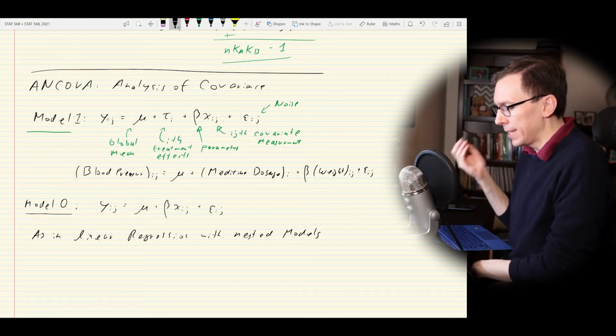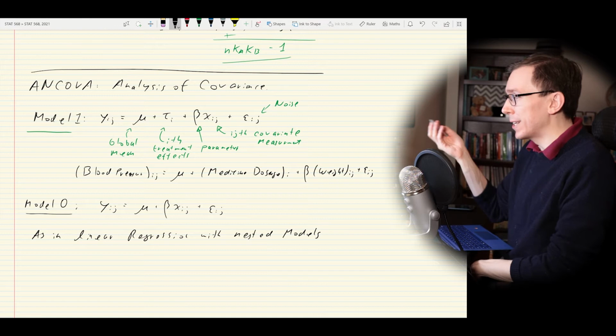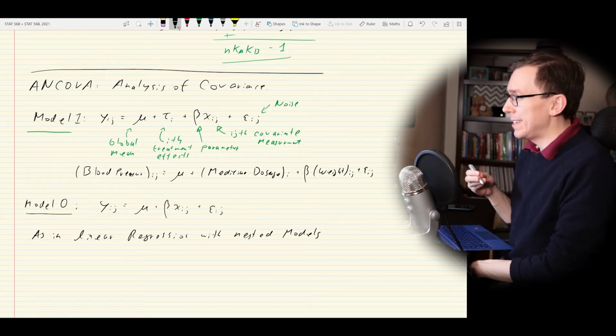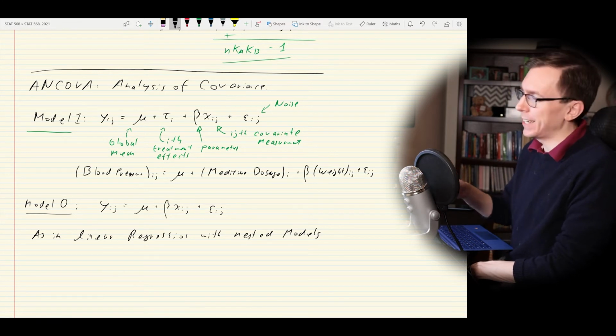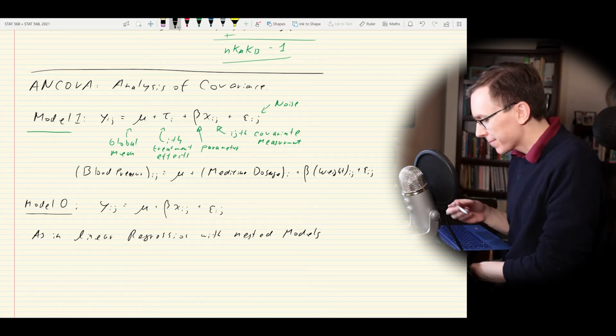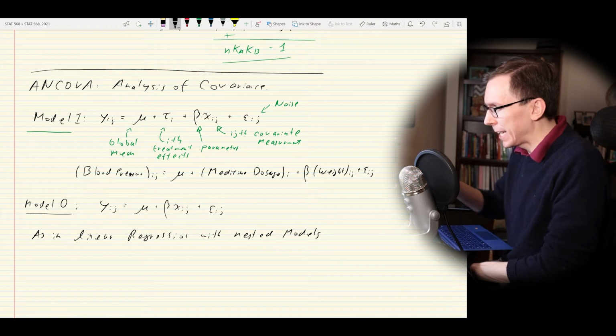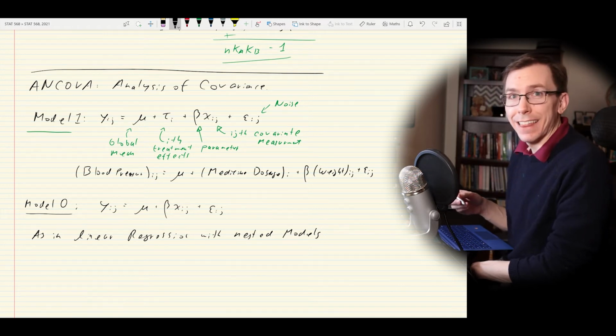And when you have two linear models that are nested, we can do an f-test to test for the significance of those additional terms. In this case, the significance of the tau I, when it comes to actually being able to predict the values of y that come out.